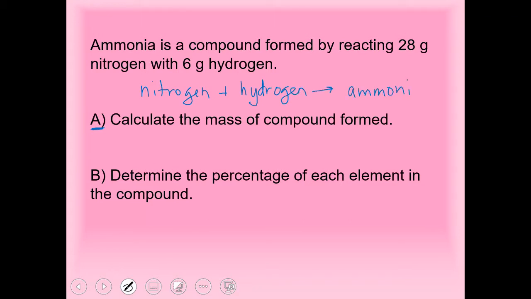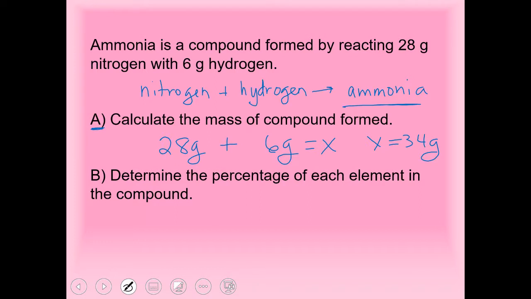And the law of conservation of matter tells us that everything that was present before the reaction has to be equal to all the masses that are present after the reaction. So if we had 28 grams of nitrogen before the reaction and 6 grams of hydrogen, if we just add those together, since ammonia is the only product that it mentions, we can easily figure out the mass of ammonia that has been formed.